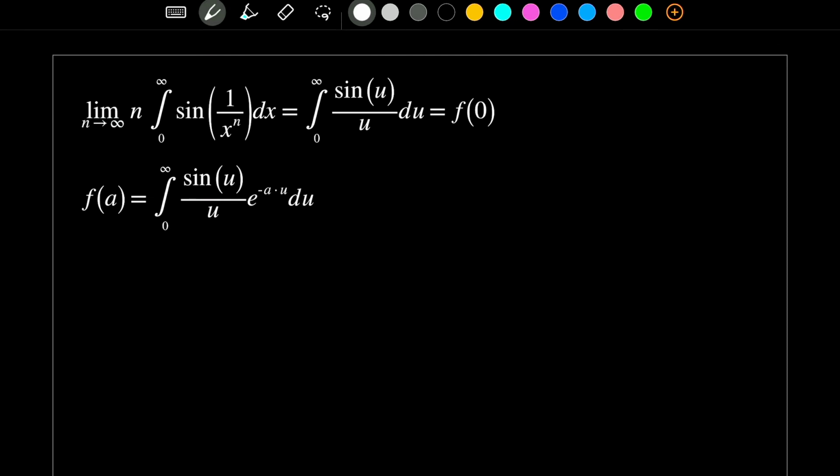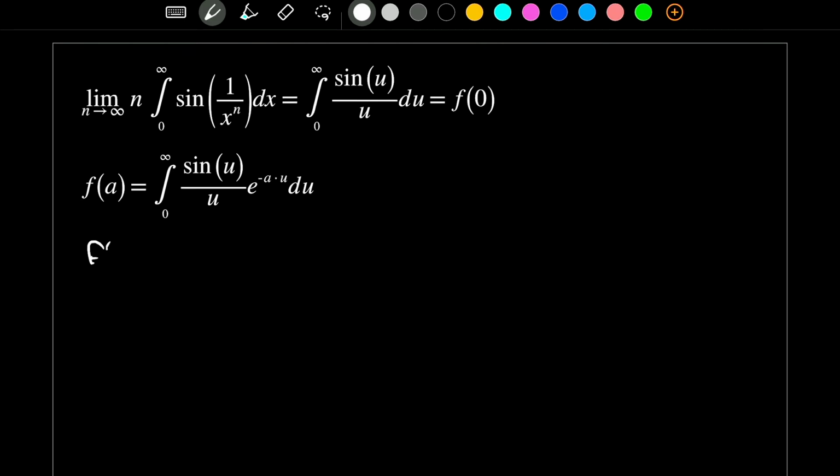And this way we can work with this as a function of a. Obviously u isn't a variable here, so we can't actually work with u, and we need to take a as our variable. What are we going to do with this function? You might have seen this trick before. This is Feynman's trick. We're going to differentiate it.